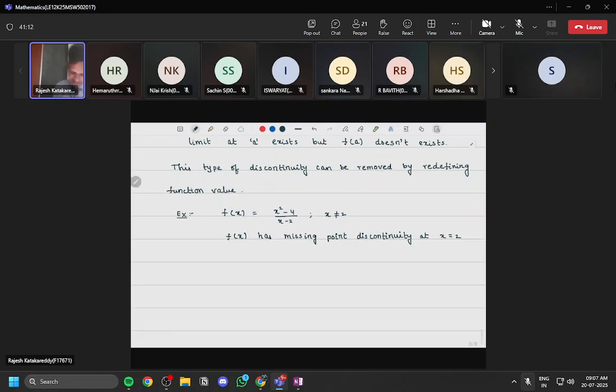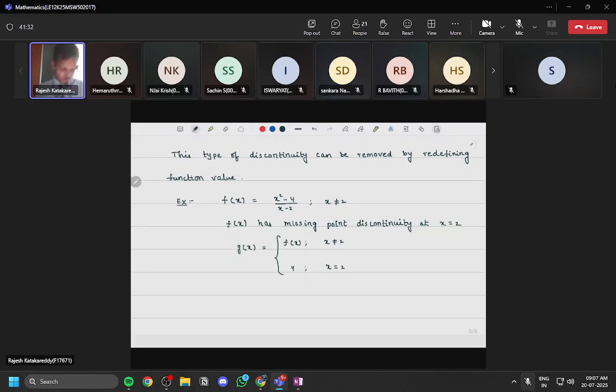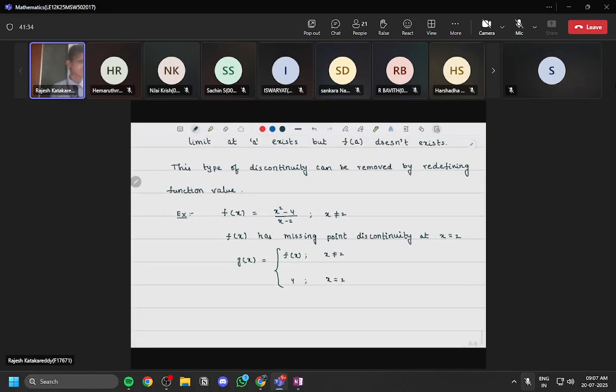Now by redefining the function, let's say g of x is equal to f of x when x not equal to 2, and how much is the limit value at 2? I think 4, I'll get 4 when x is equal to 2. Now if you notice here, g of x is a redefined function which is continuous at x is equal to 2. Understood my point?